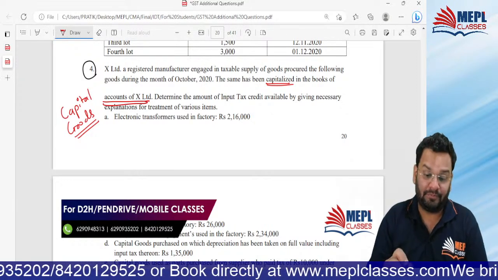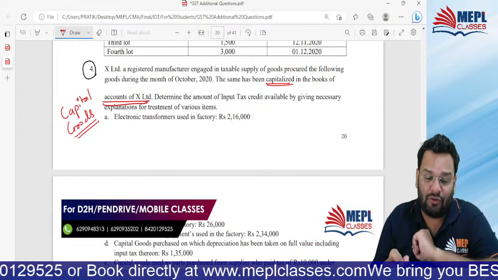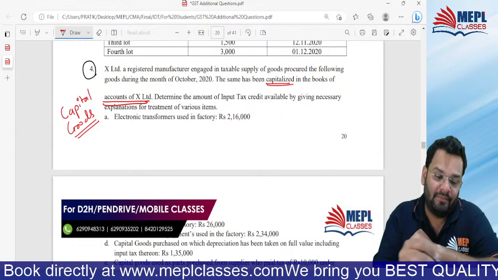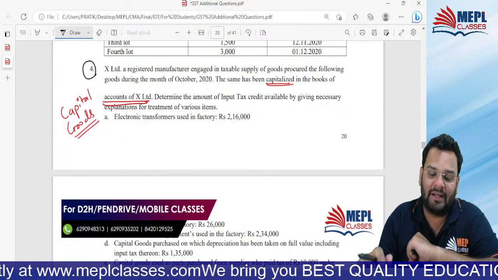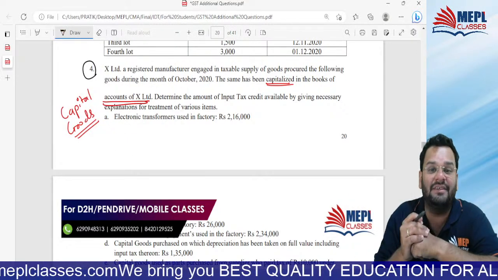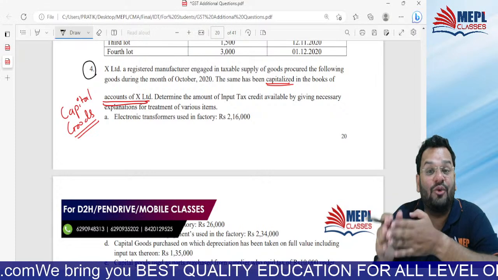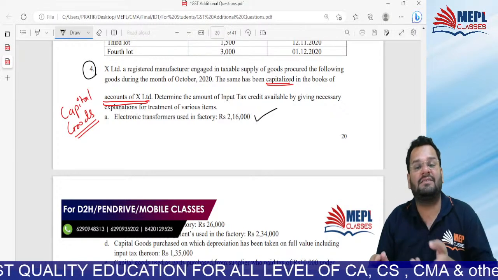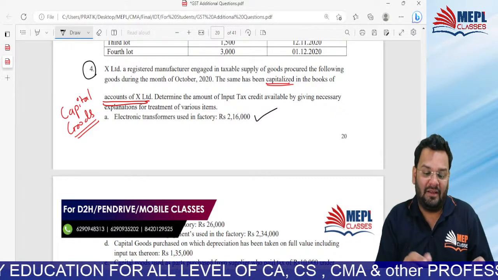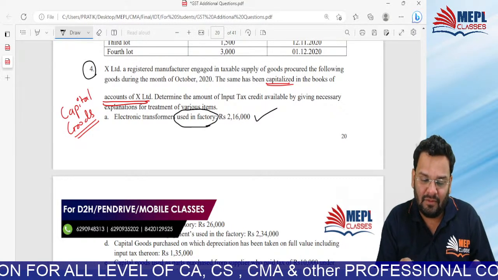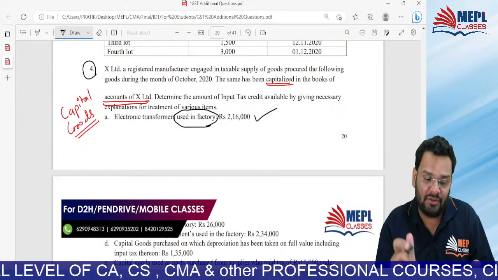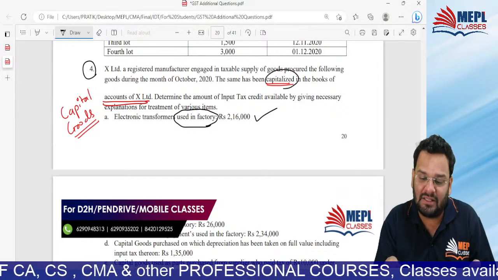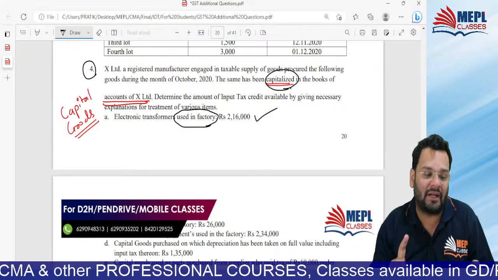A point. Electronic transformers used in factory. Can you claim ITC on this? Of course, yes. Why yes? Because see, used in factory, na? So there are such goods, value of which is capitalized in the books and they are used in factory.